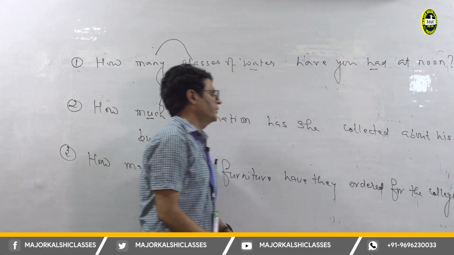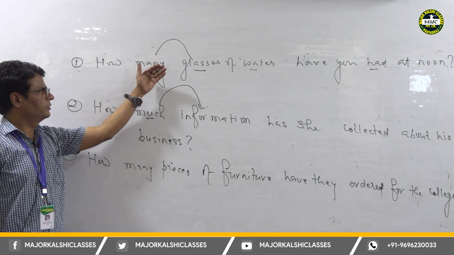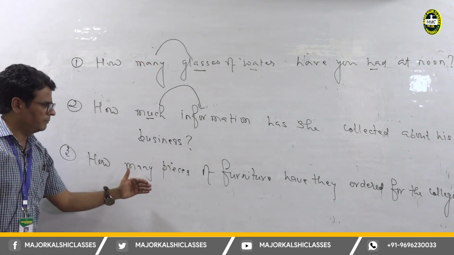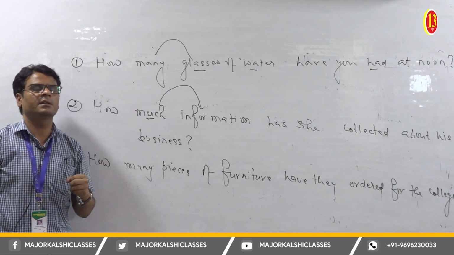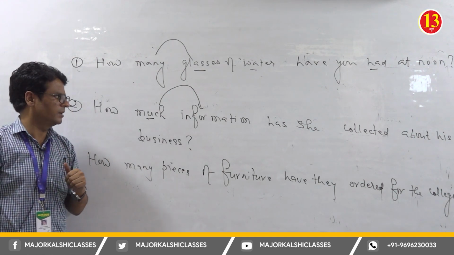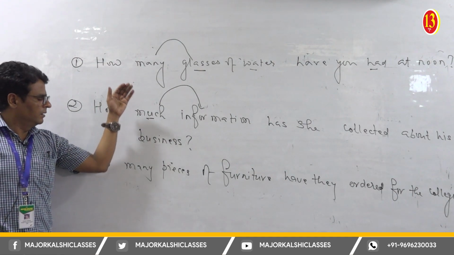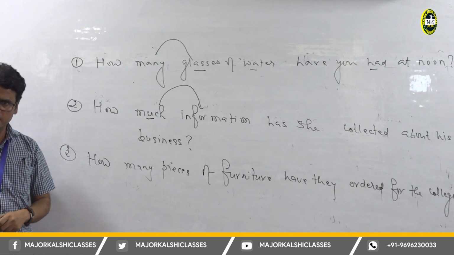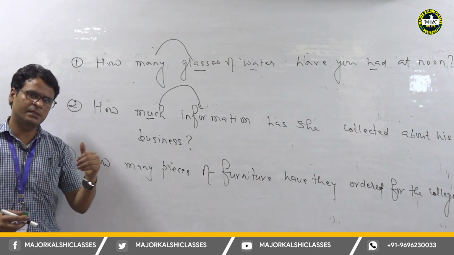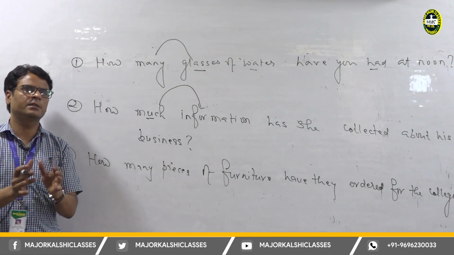So you can see I gave you 3 examples, and I also provided you a little bit of information about countable and uncountable nouns, which will help you, I hope. How many pieces of furniture have they ordered for the college? Once again I am telling you, furniture is an uncountable noun, so I used pieces of furniture in order to make it countable.